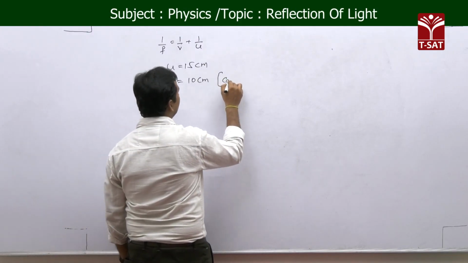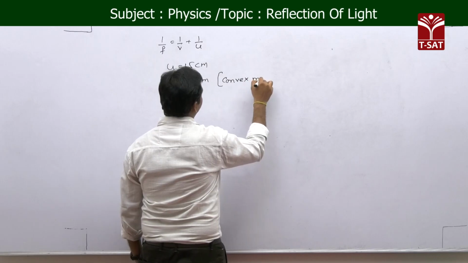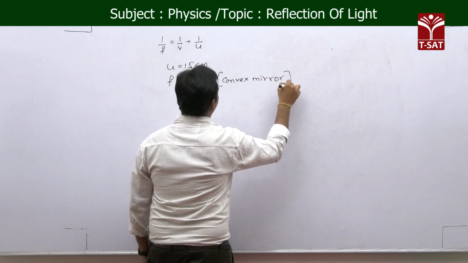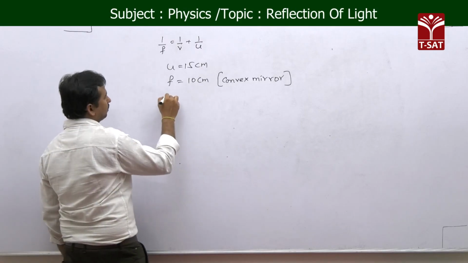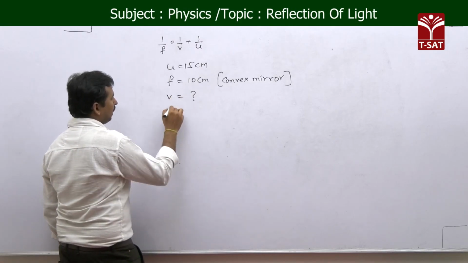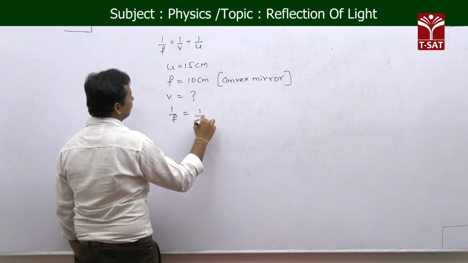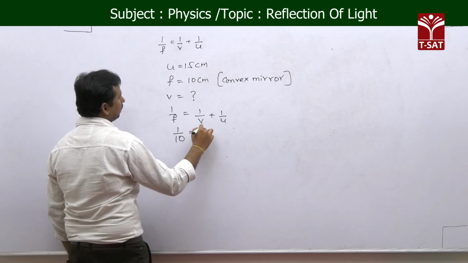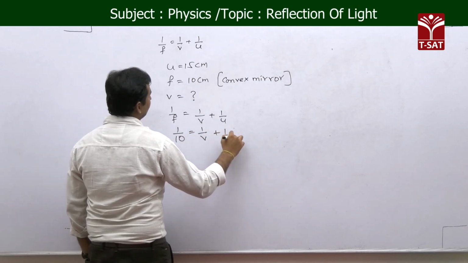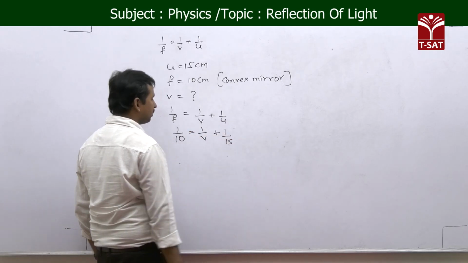Then U is 15 and focal length is 10 centimeters, and we need the image distance. The formula is 1 by f is equal to 1 by v plus 1 by u, with focal length 10 centimeters, image distance unknown, and object distance 15 centimeters.